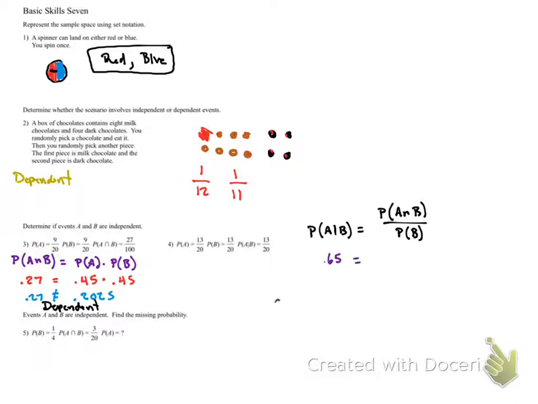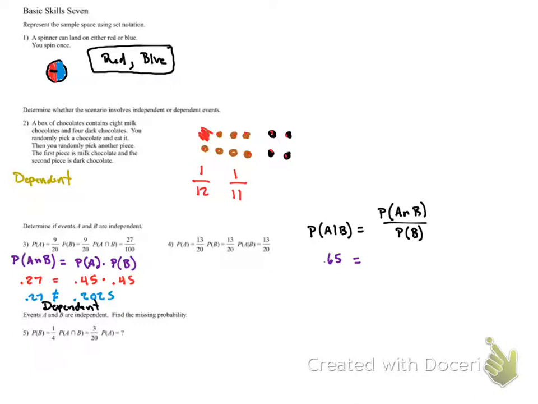is equal to the probability of A and B. To find A and B, we just have to multiply those two together, right? Just like we had here, probability of A and B is equal to the probability of A times the probability of B. So I'm going to grab my calculator. 13 divided by 20 times, so A is 13 over 20 times B, which is 13 over 20.